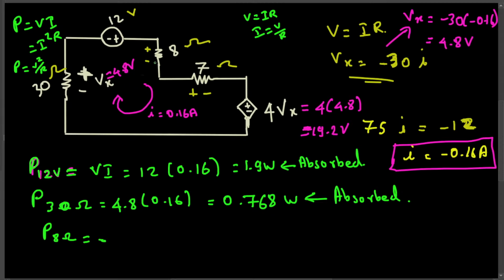For the 8 ohm resistor, we know the current, we know the resistor, so we can use I square R. I square is 0.16 square, and then R is 8 ohm, and if you calculate this value, that's going to give you negative 0.2048 watts.